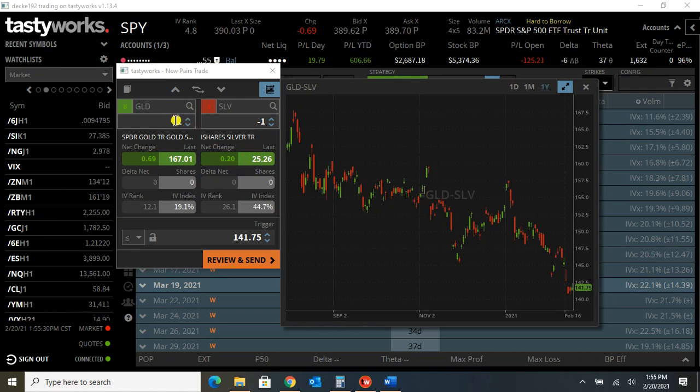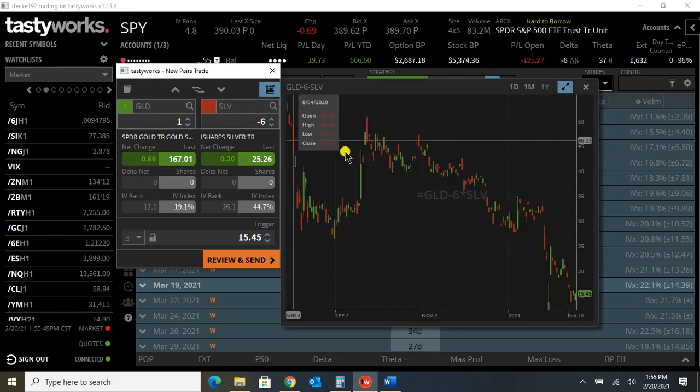So there you would do 1 share of gold and either 6 or 7 shares of silver. You could do 6 if you want to lean a little bit more heavily on gold, and you could do 7 if you want to lean a little bit heavier on silver.